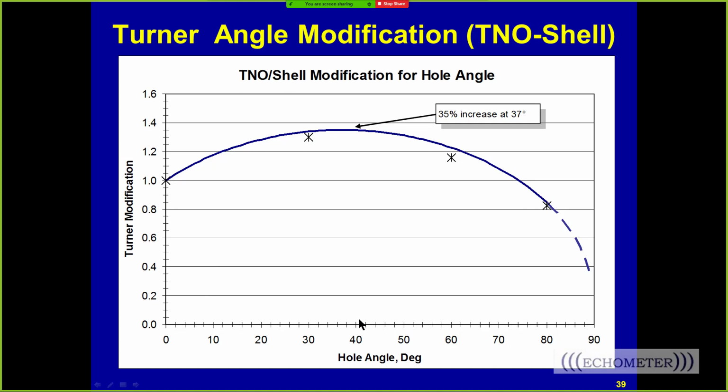And you can see here if the well's about 40 degrees, at 37 degrees, you get an increase in the critical rate by about 35%. So the angle of the tubing has a big impact on liquid loading, and it requires more gas to get the liquid out of a well if you're not vertical.